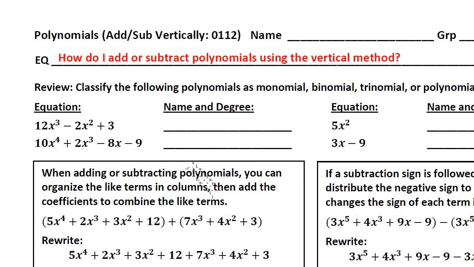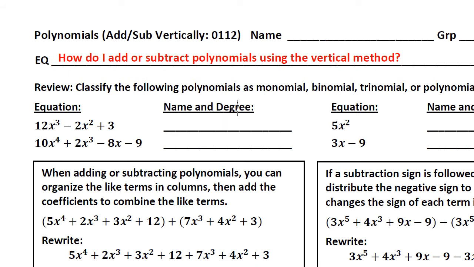So your setup here is, for the first one, let me get a colored pen here. The first one is, here's my equation. You can see this one's already in standard form. This has 1, 2, 3 terms, so my name would be trinomial, and I could also call it a polynomial, so I'd write both of those.